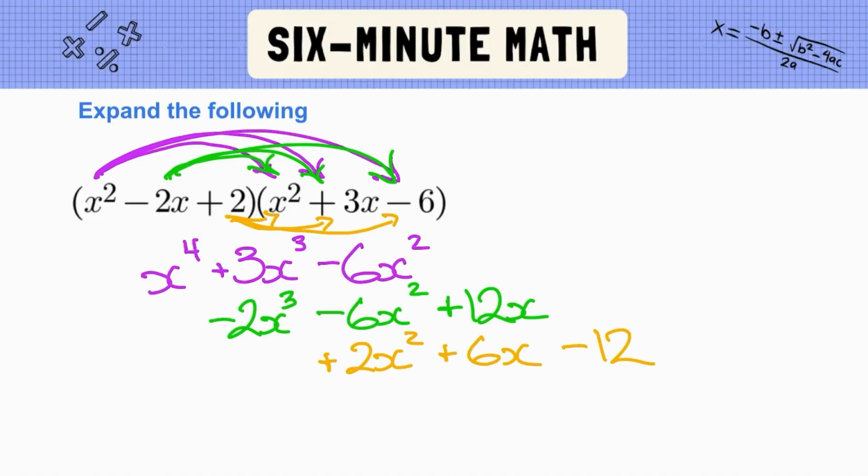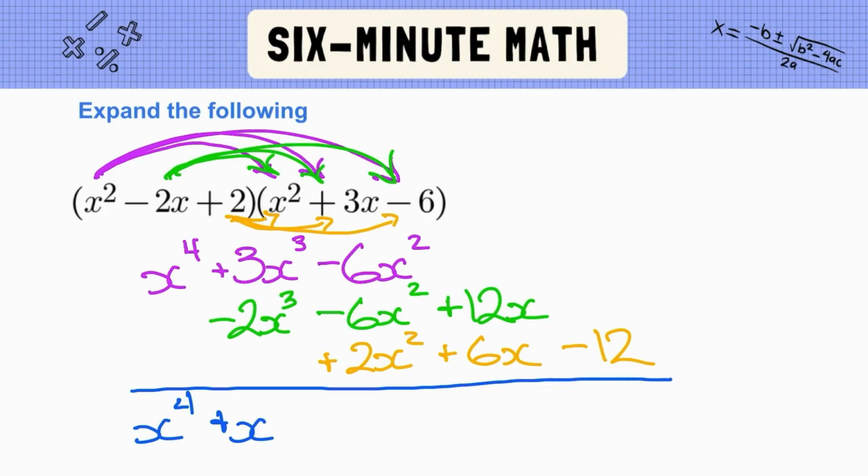Now I have stacked my answer like this with each like term vertically, as it will help me keep everything organized. We have x to the 4. 3 minus 2 is a single x cubed.